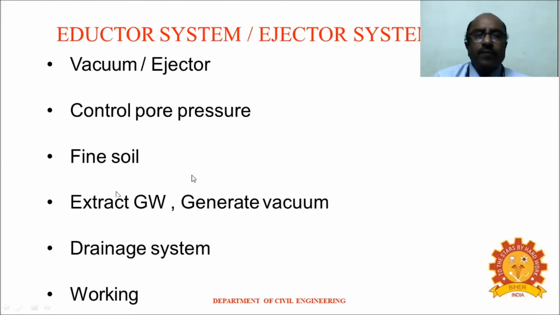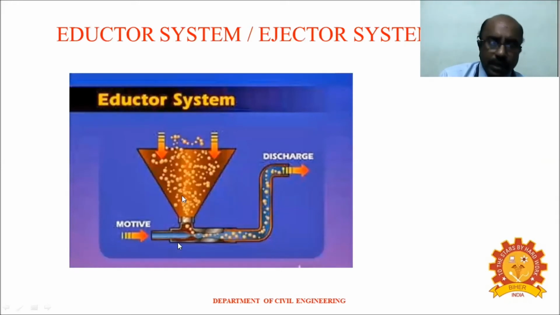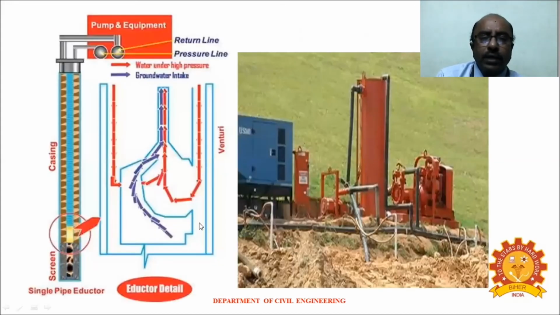Now, in this system, we have the vacuum or ejector system, and then a controlled pore pressure, and then the soil, and the extracted groundwater, and generation of vacuum, and drainage system, and then the working. How does this working occur? See, this is the jet, which is pumping the water at great pressure so that it is moving the water. This picture clearly shows that there is a nozzle at this point.